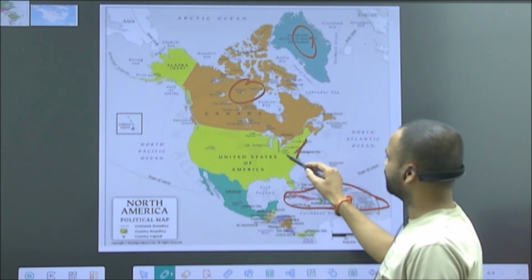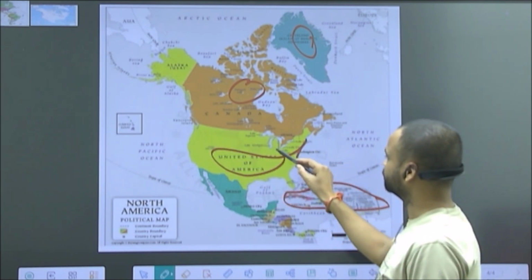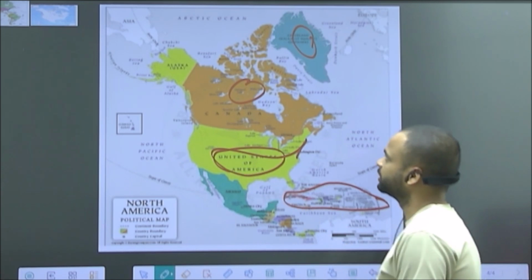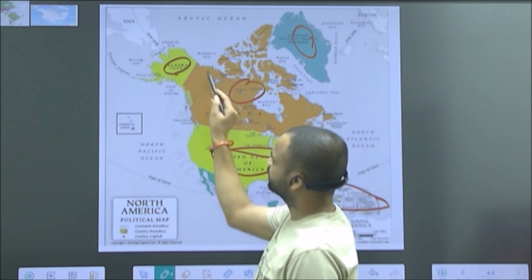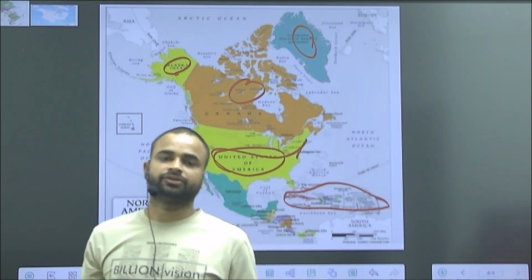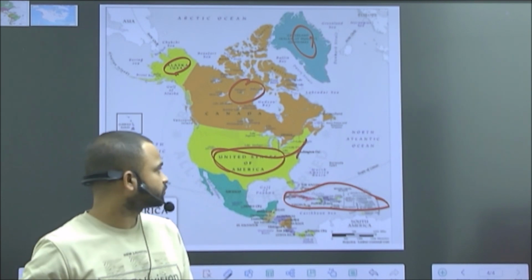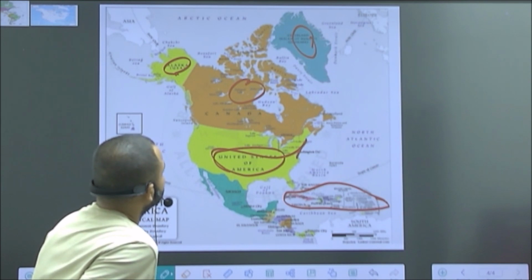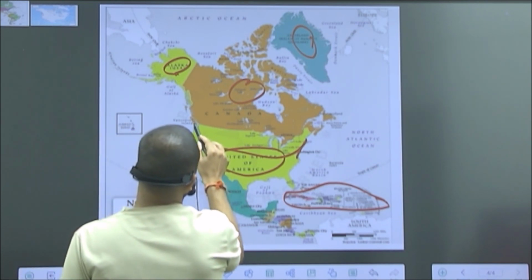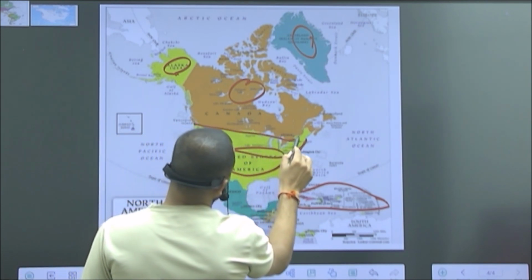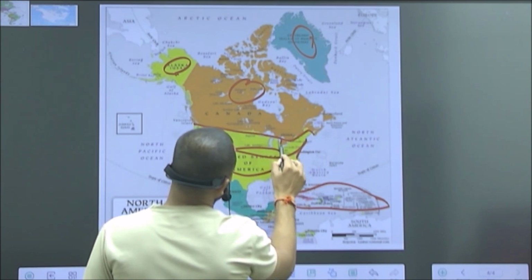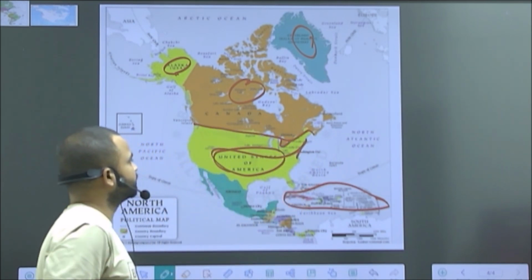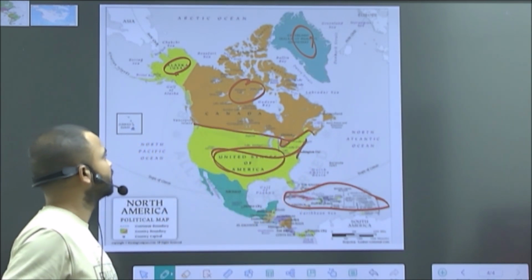The yellow region is called USA, United States of America, and Alaska is also part of the USA. Between Canada and USA, the 49th parallel makes the border.